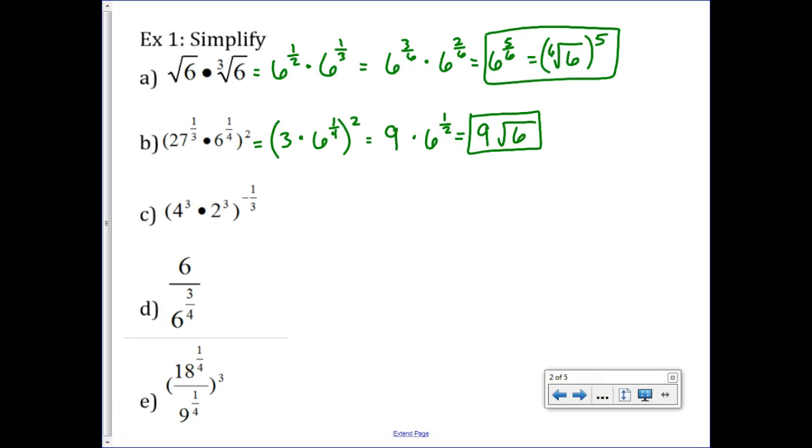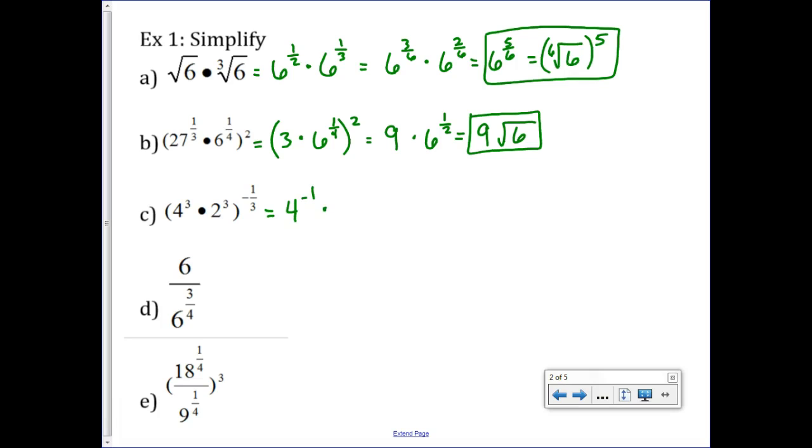So this next one, again, we don't have the same bases here. So I'm probably going to go ahead and take that negative 1/3 and distribute it inside there. So I have 4 to the 3rd to the negative 1/3. That's 3 times negative 1/3, so 4 to the negative 1.